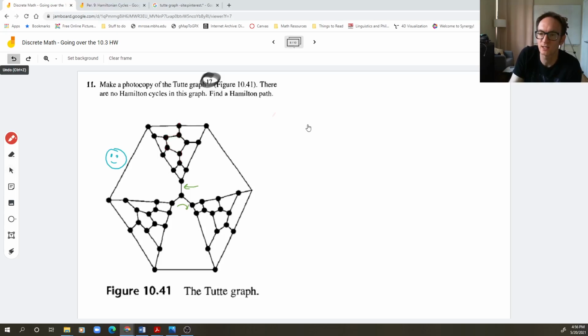Wait, hold on. This is actually a little bit harder than I thought. Let me be smart for a second. I know I want to start here, but why? So I'm going to go in, and then I'm going to go... Everything's a little bit different on this picture that I have, but that shouldn't change anything.